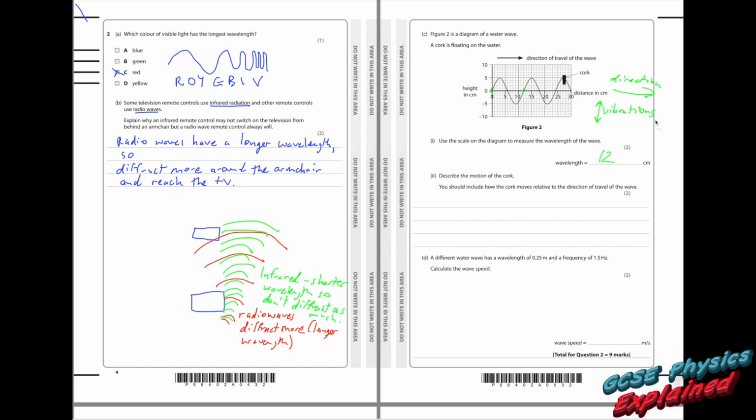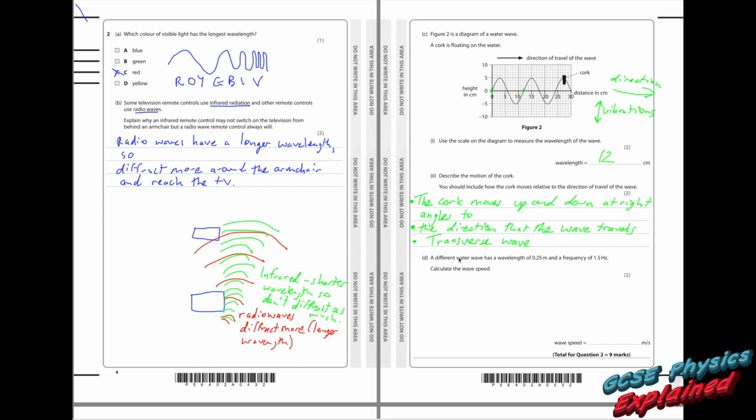Now that's what you call a transverse wave, where the vibrations are at right angles to the direction that the wave is travelling. And that's, like I say, a transverse wave. I'd expect 1 mark for that, 1 mark for that, and even maybe 1 mark for that if it was worth 3. So I've definitely got the 2 marks.